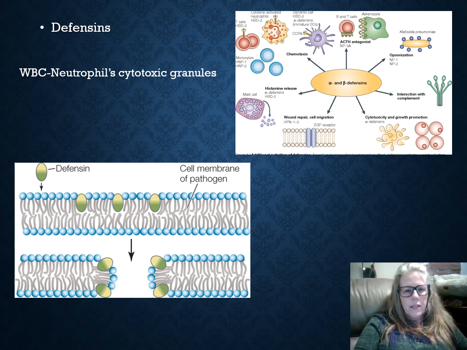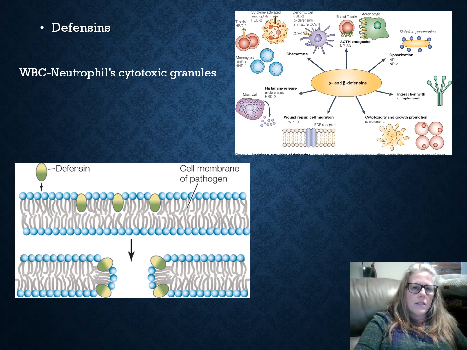The defensin is kind of an egg-shaped green color, and when those defensins are released, they're going to poke holes. They disrupt membranes, which leads to a hole in the membrane. So if you're poking a hole in the membrane of, let's say, a bacterial cell, that's going to cause cytoplasm to spill out, and that's going to cause that cell to die.